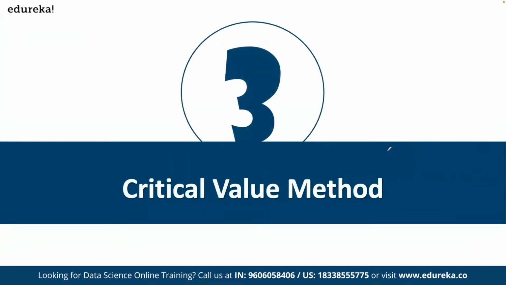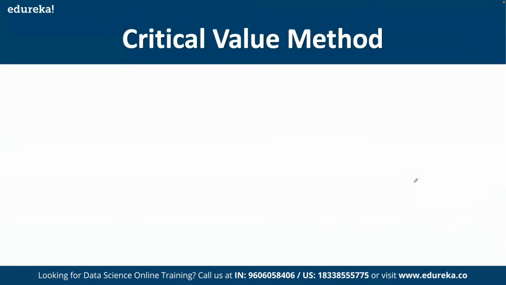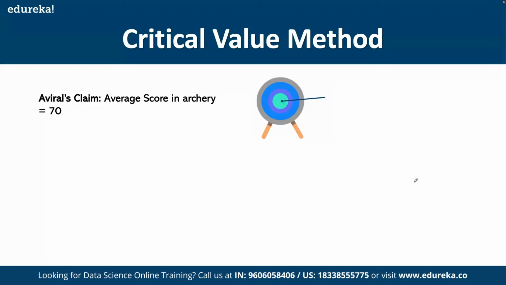Now that you have understood the null hypothesis and the alternate hypothesis, let's understand what is meant by the critical value method. Let's take up a scenario. We've got Aviral, and Aviral's claim is that the average accuracy in archery is 70.